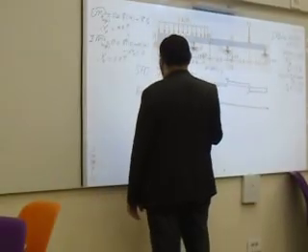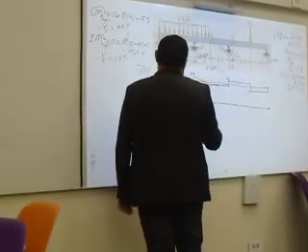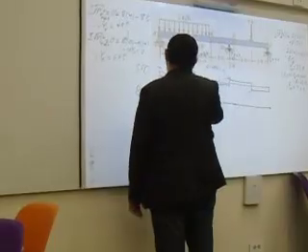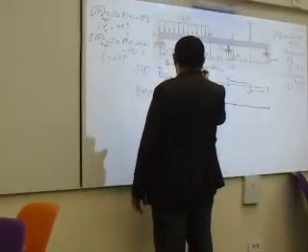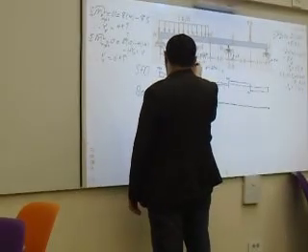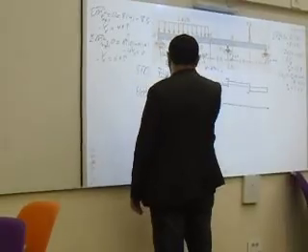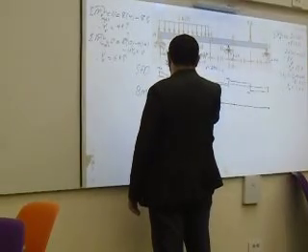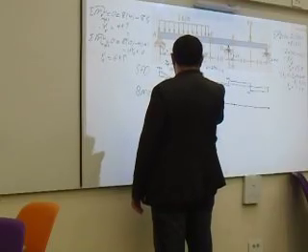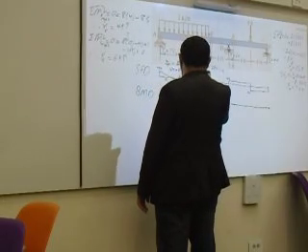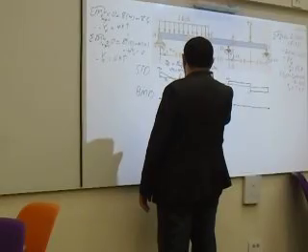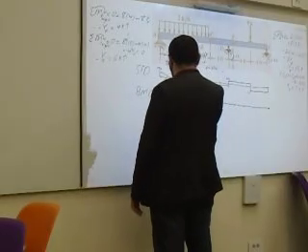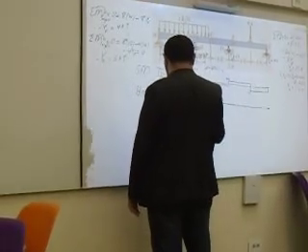Over 9. So 9 times x1, and moving each one to the side, 16 x1 will be equal to 8 times 7. Therefore, x1 is equal to 3.5 feet. So this x1 is 3.5 feet.